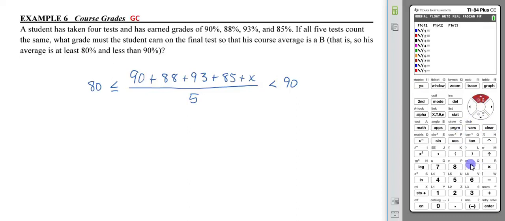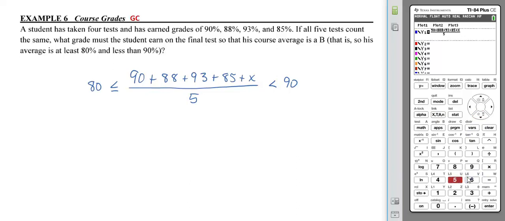Let's go into y equals, and we'll put in our middle: 90 plus 88 plus 93 plus 85 plus our variable x, and we're dividing by 5.